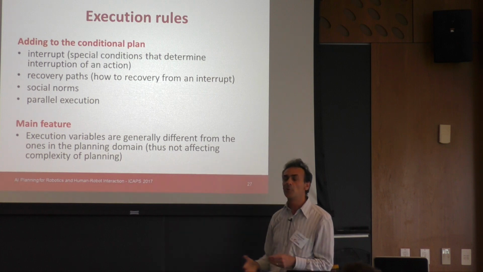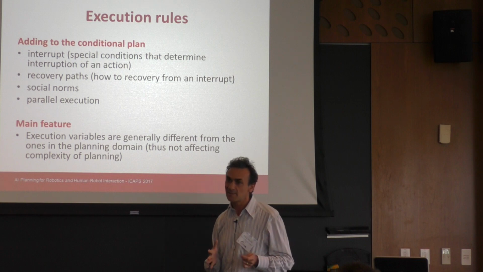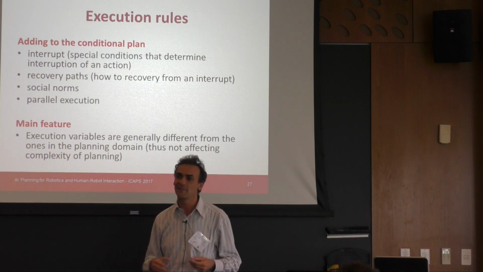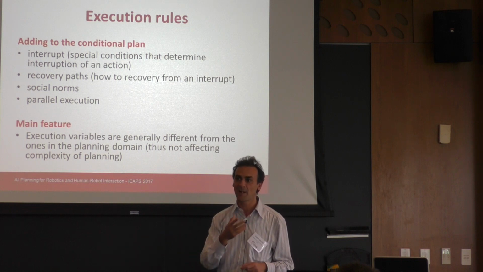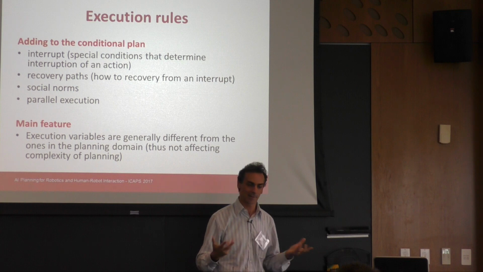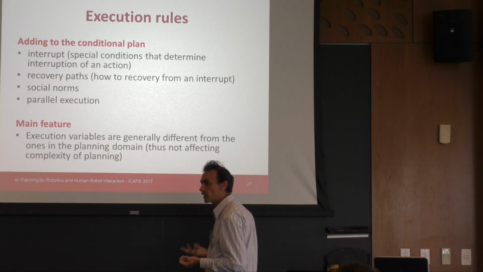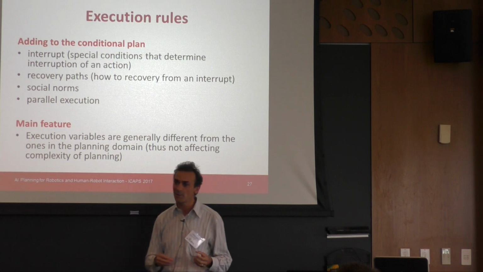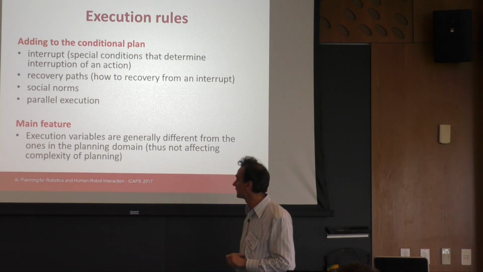On the other hand, if you use a planning system, you can just generate very simple plans, maybe linear plans or conditional plans, and they are not enough to be executed on the robot, because there is something that is missing. For example, how to generate interrupts, how to tell the robot that it has to do something in case something goes wrong, is very difficult.